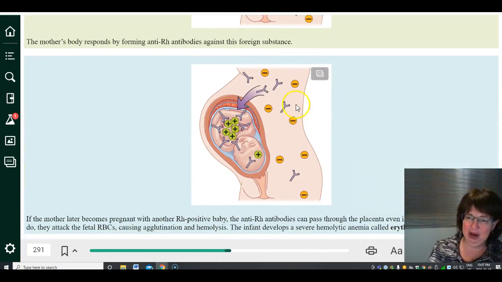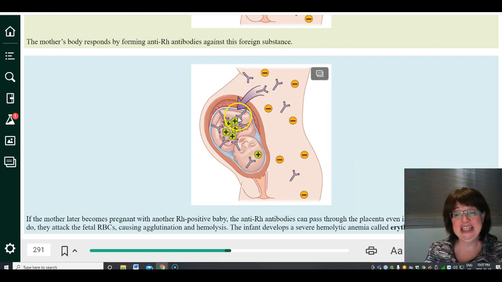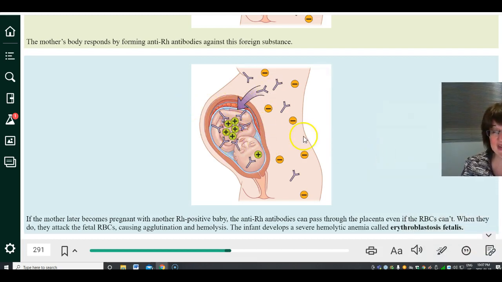Now the antibodies can cross the placenta, or the child-mother barrier. And since they can cross the placenta, they will then agglutinate the baby's blood, and often the baby is stillborn or a miscarriage occurs. And quite often a lot of people don't realize that they have this positive-negative interaction until they have a couple of stillborns or miscarriages.